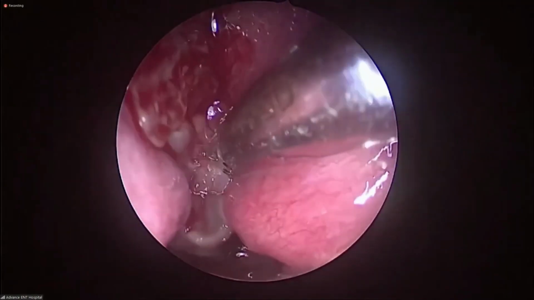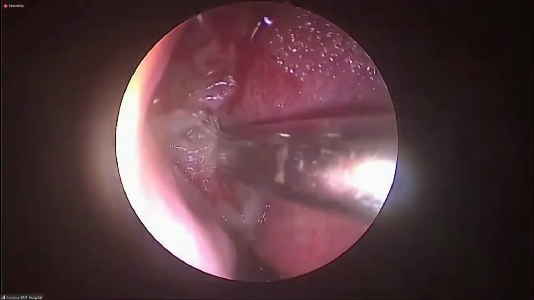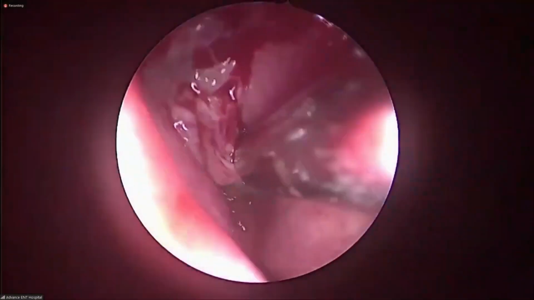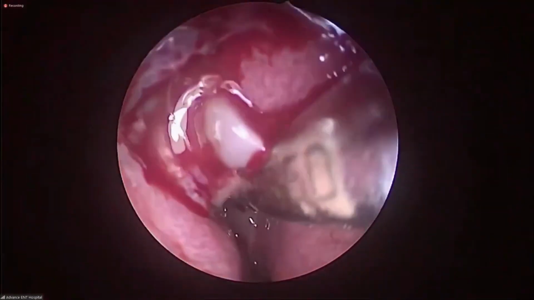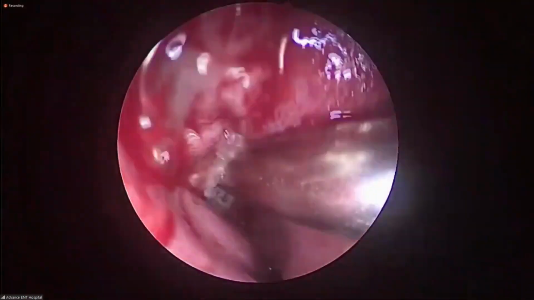Decongestion has been done, sir. Yeah, initial topical, but there's no space, still full of polyps. Can't see anything but polyps.